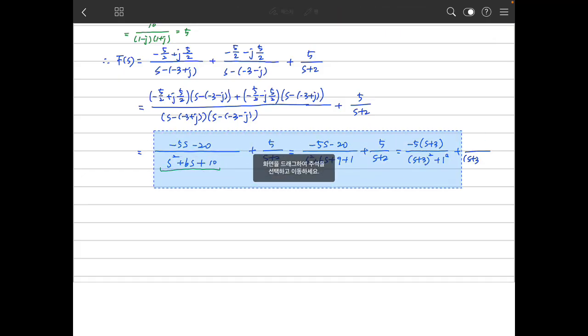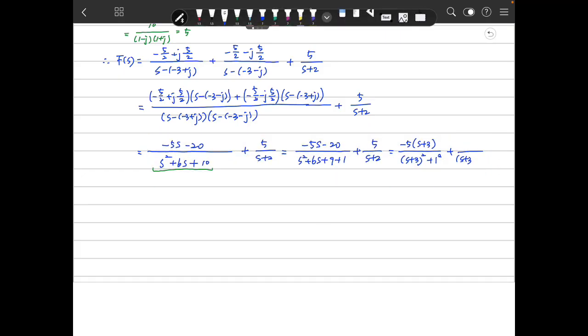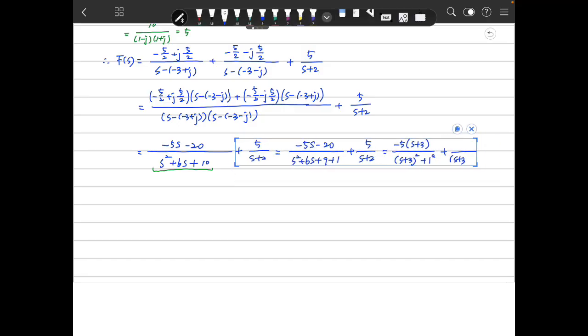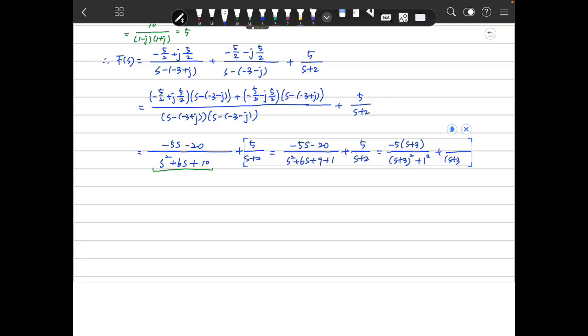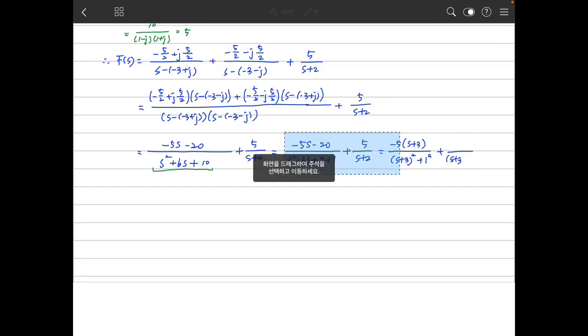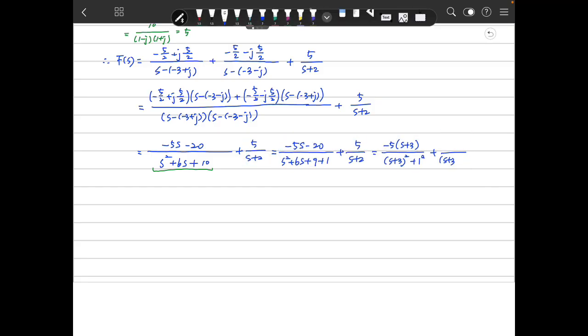Okay, we need to move a little bit. We need more space. Square plus 1 square, and because this is minus 15, the result is minus 5 plus s plus 2, 5. Then it's very simple. We have 1 term.